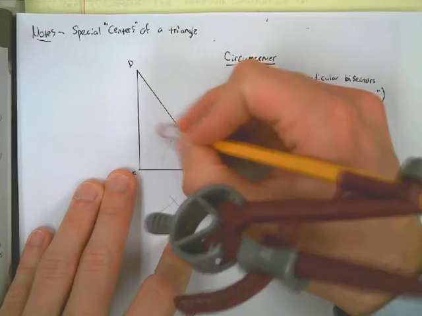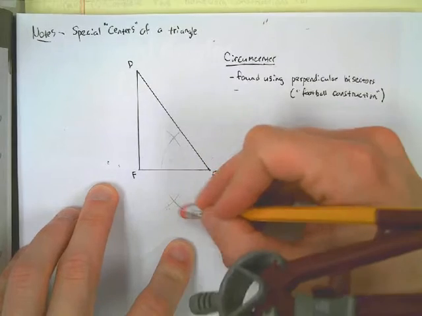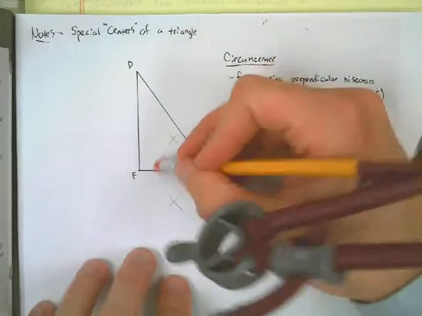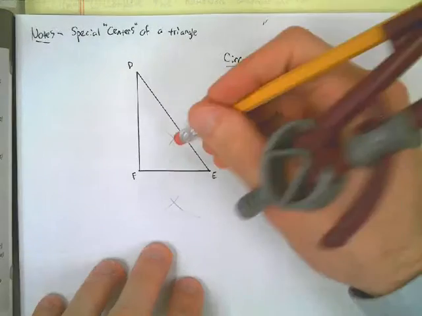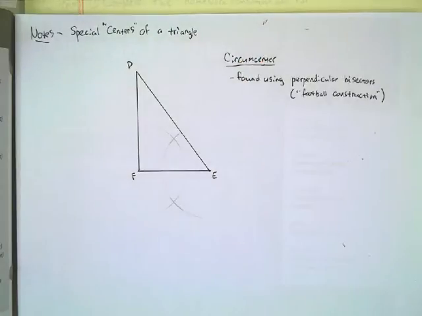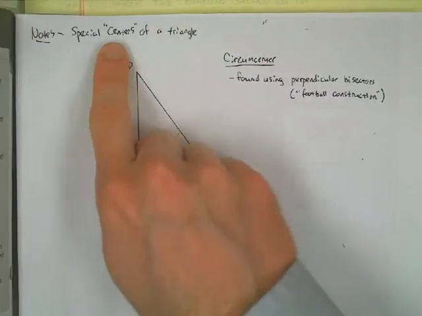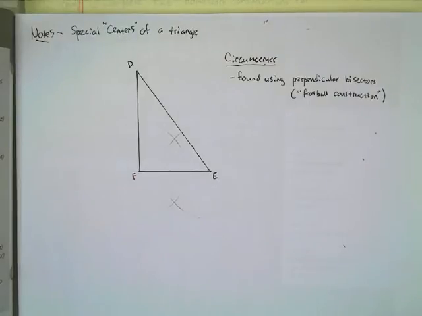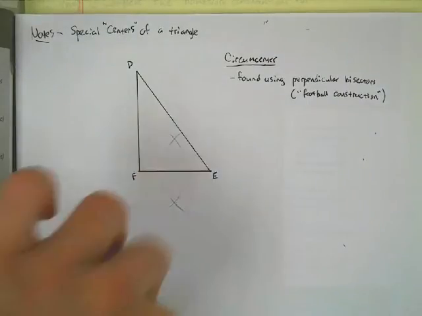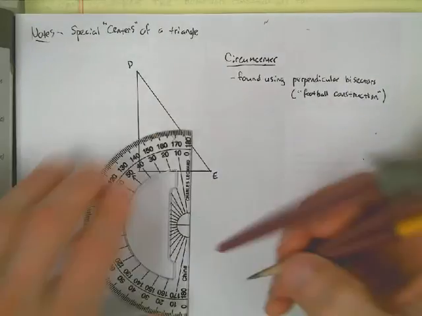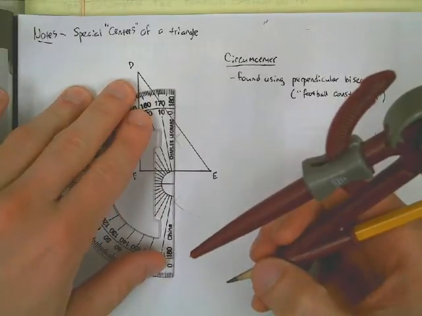Don't erase away everything, obviously. We need to show our work. Circumcenter. Special centers of a triangle. All right, and then we'll draw that perpendicular bisector.